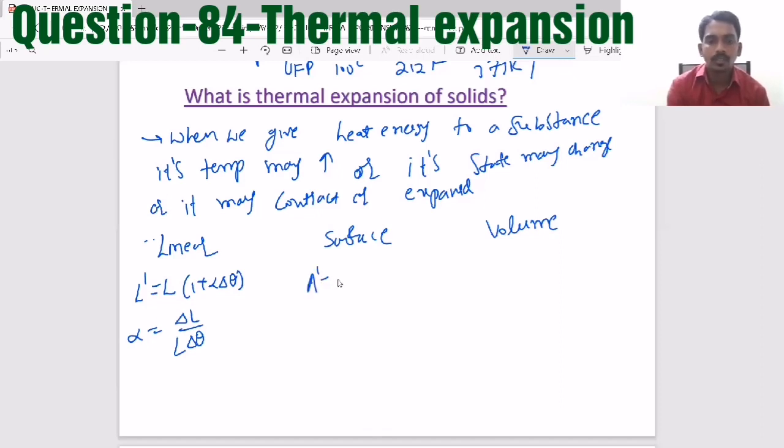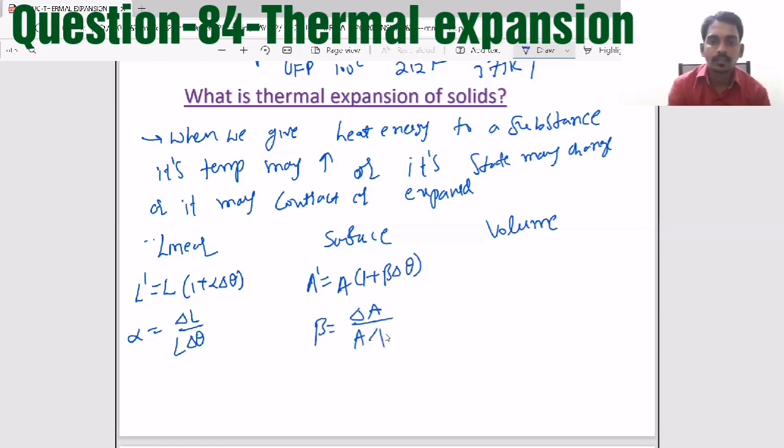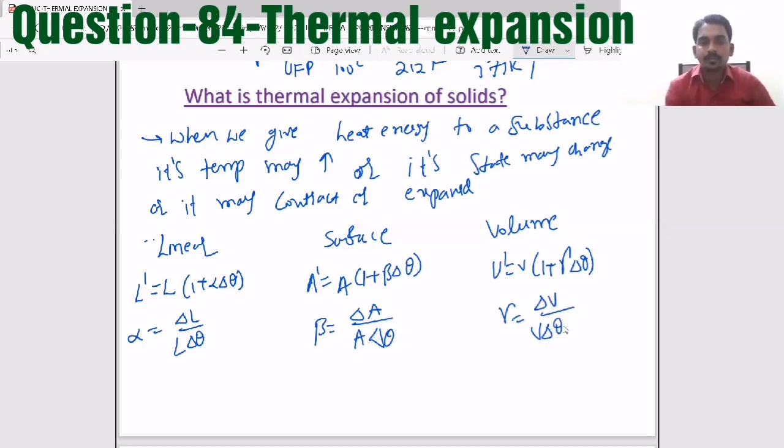Similarly, surface expansion, or superficial expansion, means final area equals area into 1 plus beta delta theta, where beta equals delta A by A delta theta. And volume V dash equals V into 1 plus gamma delta theta, so that gamma equals delta V by V delta theta.